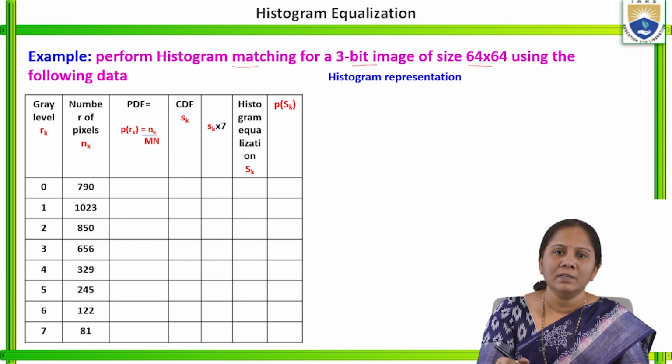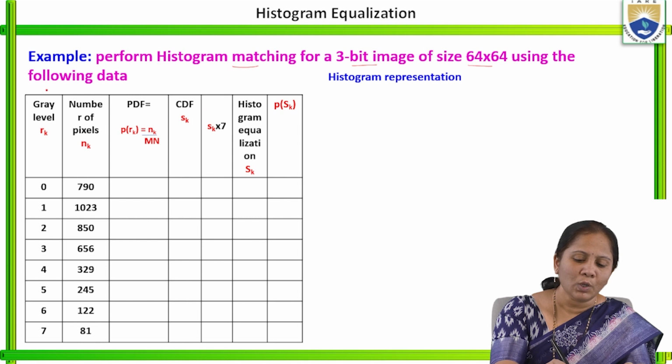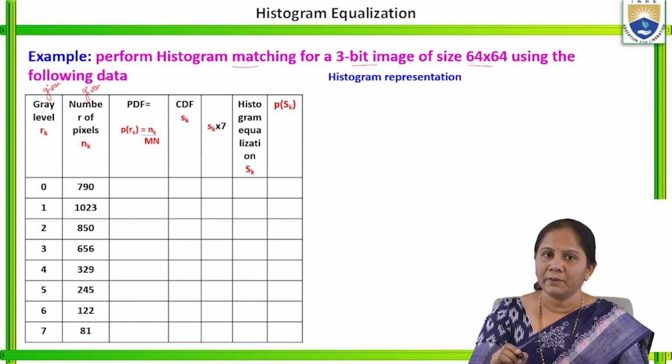This is the table given. The entire table will not be given; we have to draw it. In this table, only the values of Rk and Nk will be given.